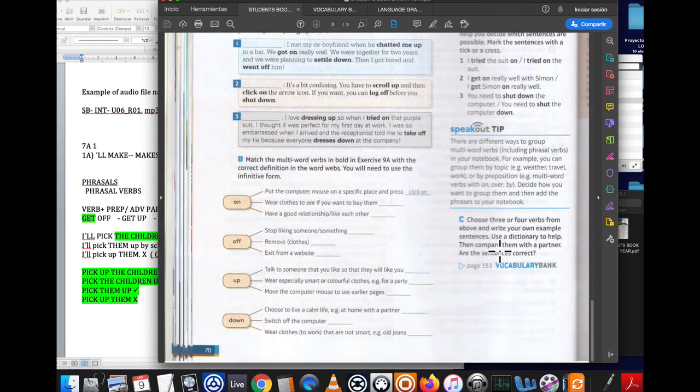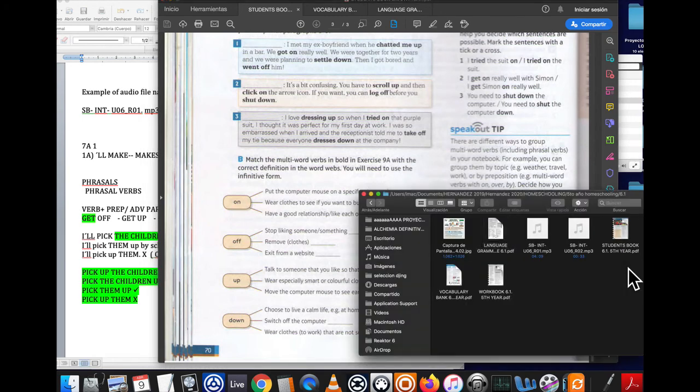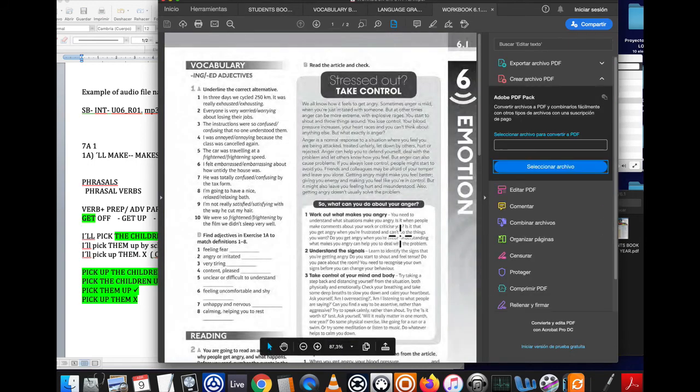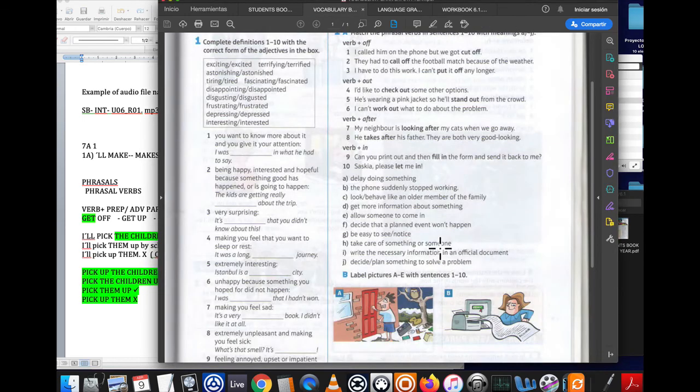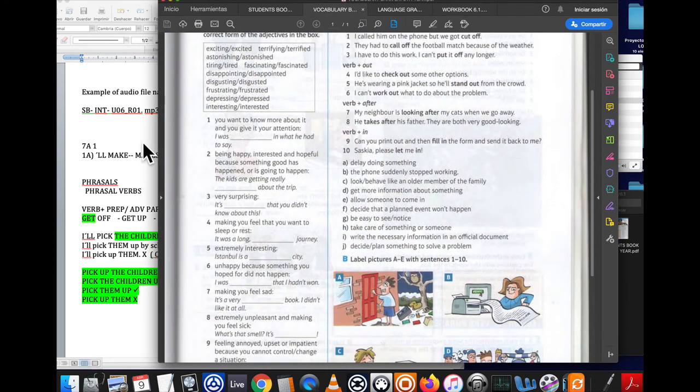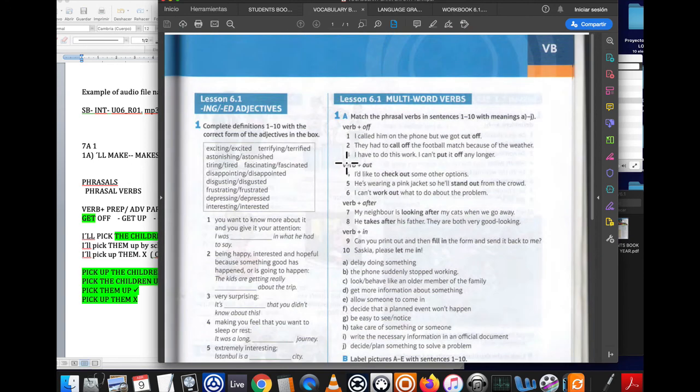Okay? Then we have the vocabulary bank on page 153. I'm also sending you the vocabulary bank. Yes? No, but, sorry, this is the workbook. The vocabulary bank that I already told you. You work on both exercises. Hay que hacer todo, ing, ed and multi-word verbs.